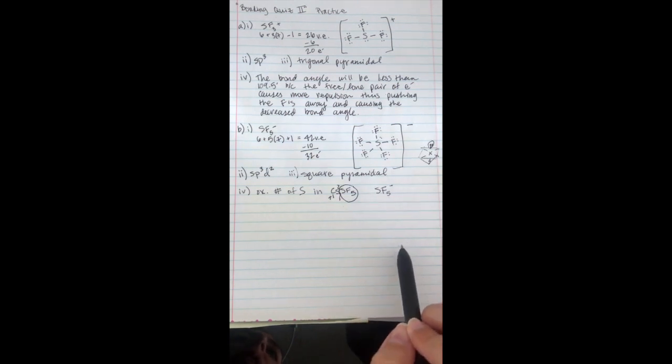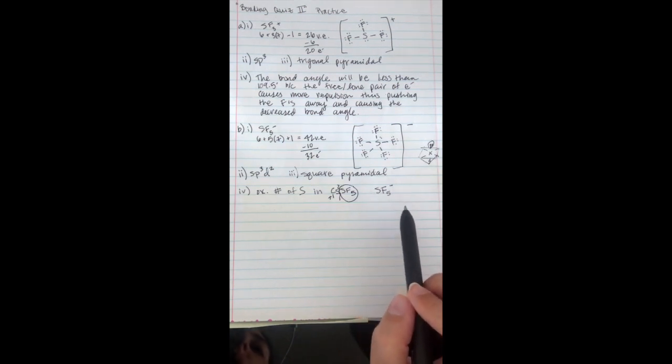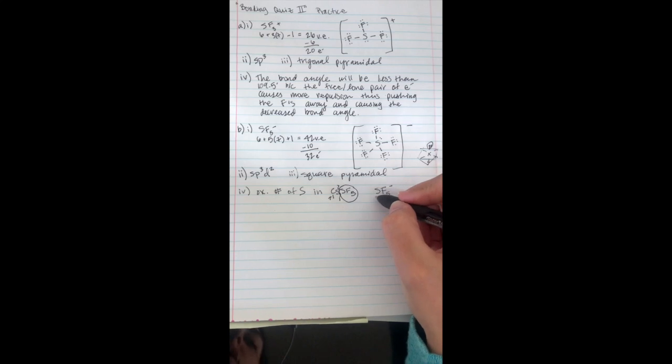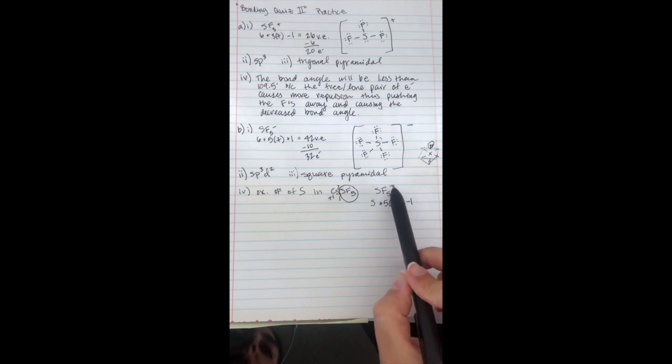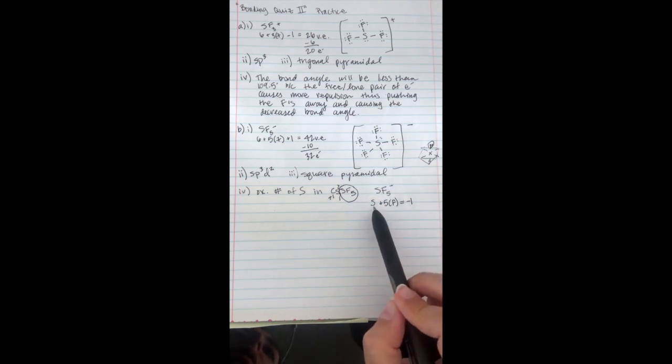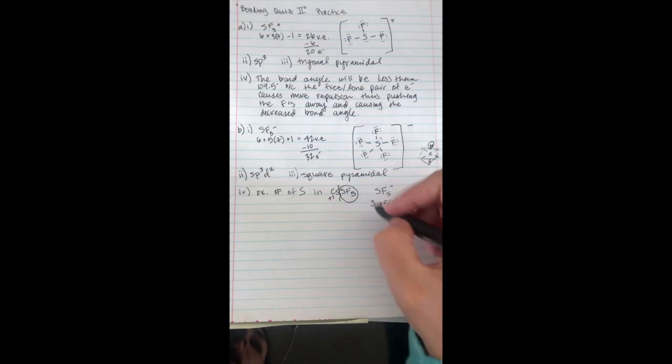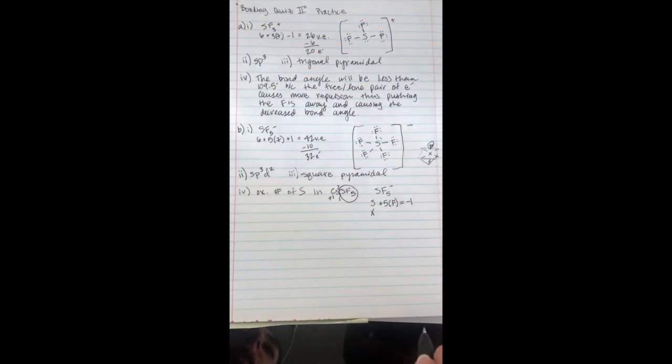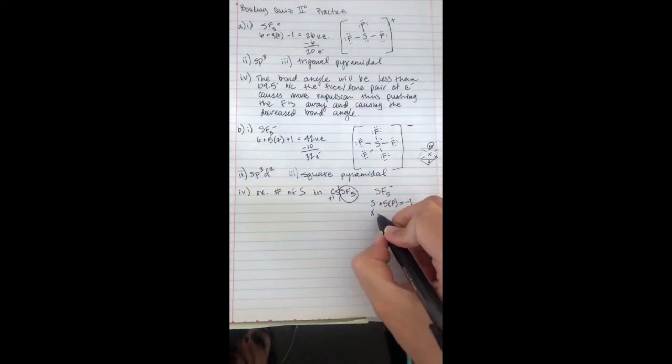But I'm just going to break it down into this. So I know that whatever the oxidation number is of sulfur plus 5 times the oxidation number of fluorine has to come out to equal -1, because that's the overall charge. So what the question's asking me to figure out is sulfur. So I'm going to say that's x, and I'm going to solve for it.